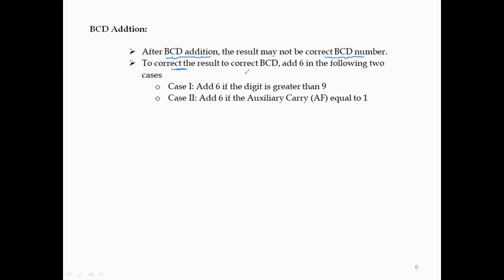To correct the BCD, it adds 6. Case 1: if the digit is greater than 9, it adds 6. If the auxiliary carry flag is equal to 1, then also it adds 6.